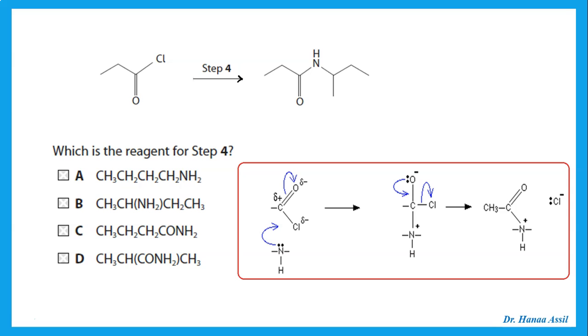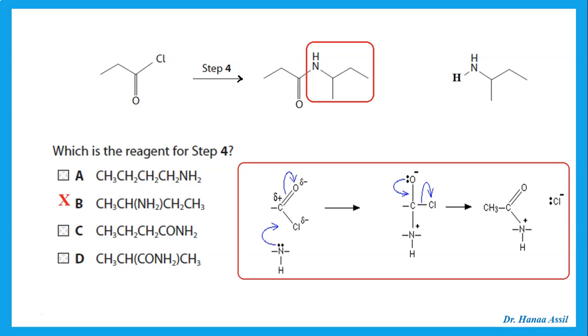So what should we react with this first reactant? We need to add this part so that it replaces the chlorine on the acyl chloride. So this part is this kind of amine. This is the reagent that we need. So which of these is the correct structural formula for that?